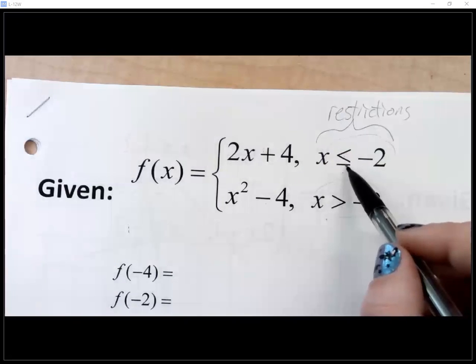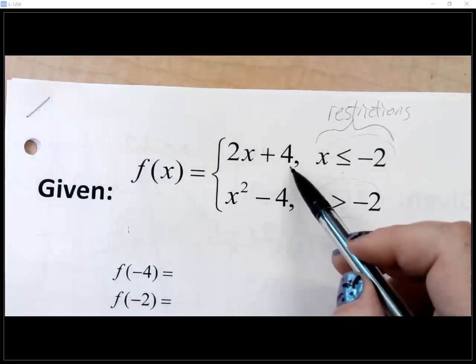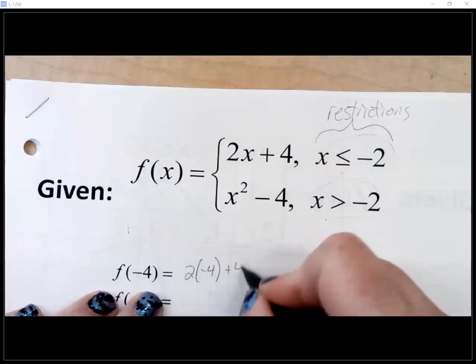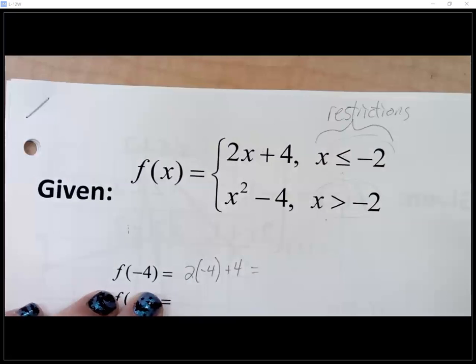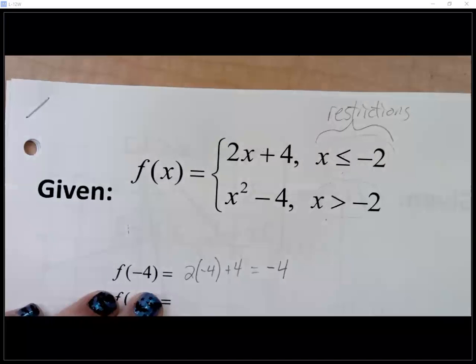So I plug -4 into the top: 2 times -4 plus 4. That's -8 plus 4, so my final answer is -4.